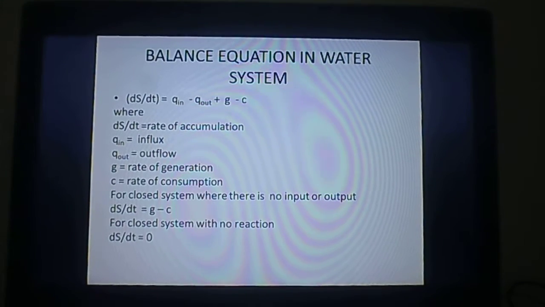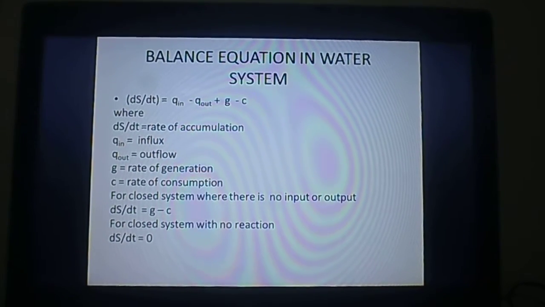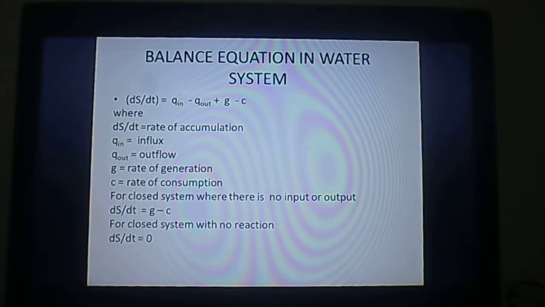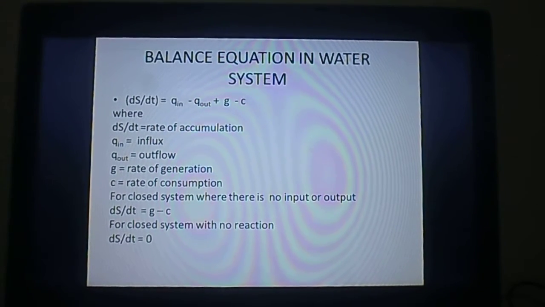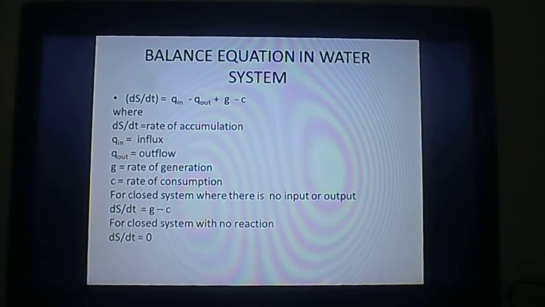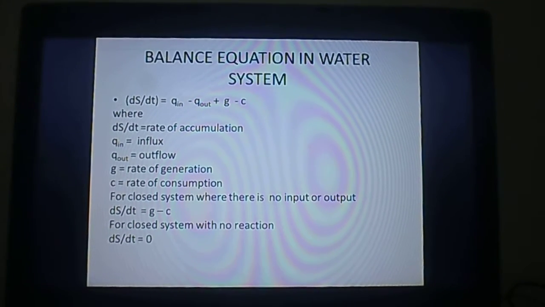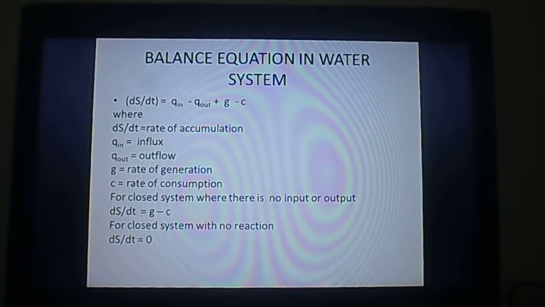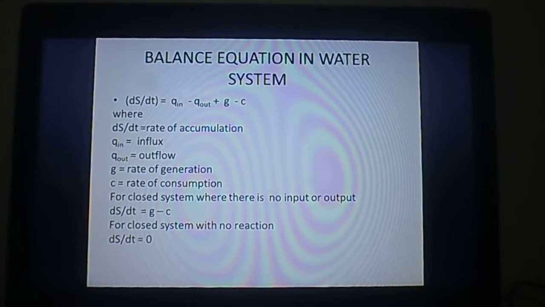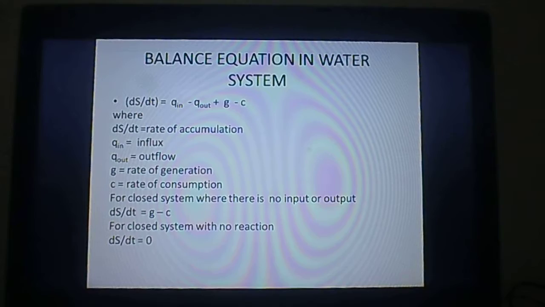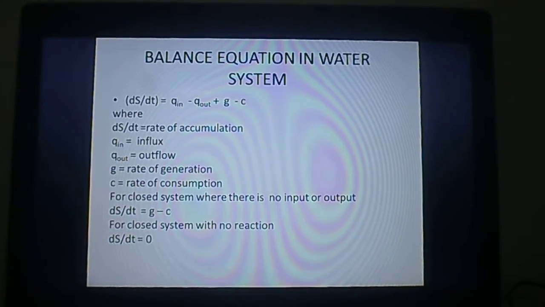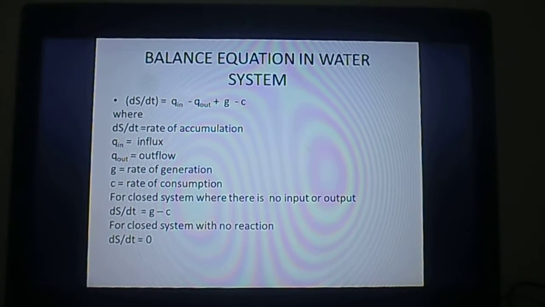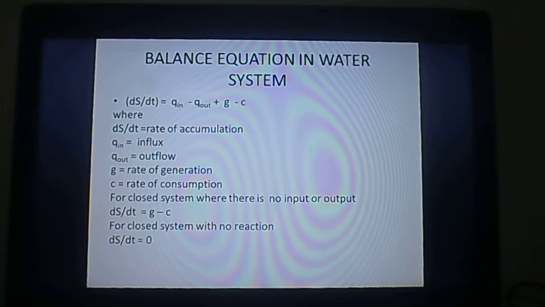Notice that the rate of accumulation is expressed in this expression using the derivative of S with respect to T, while the change or the rate of accumulation or storage is with respect to time.